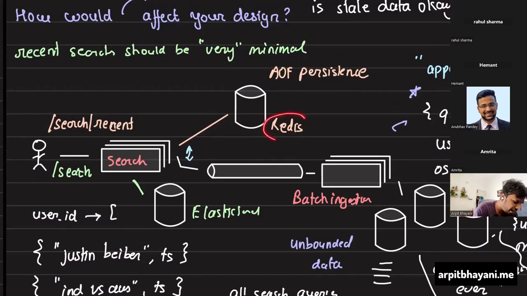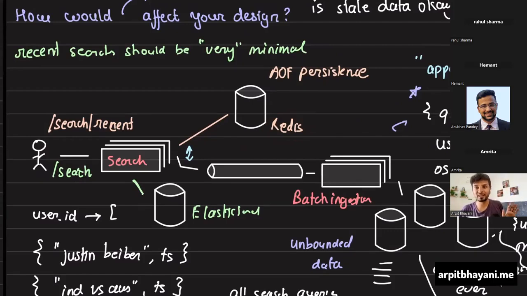But let's say at this moment we have Redis, because we have added Redis to improve the read performance of our system, so that whenever a user does a recent search, that would come to this Redis to get the data. We have to structure this data such that it is highly optimal for us to just read and send.